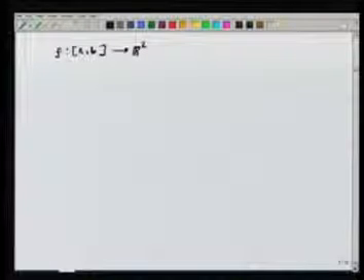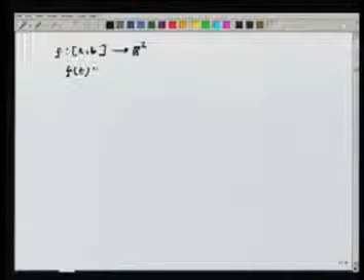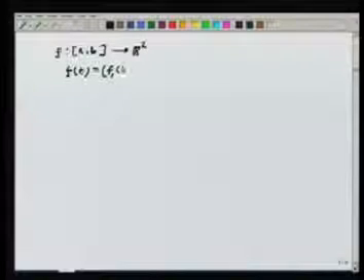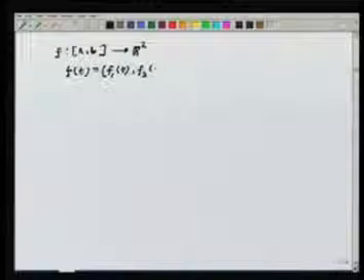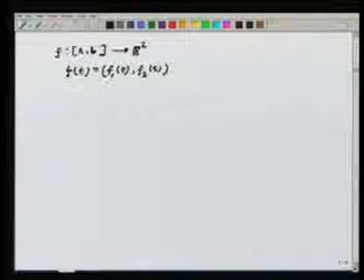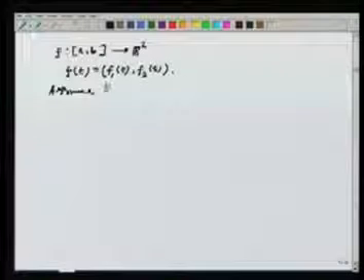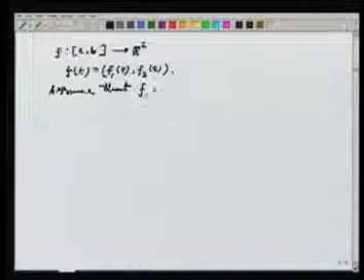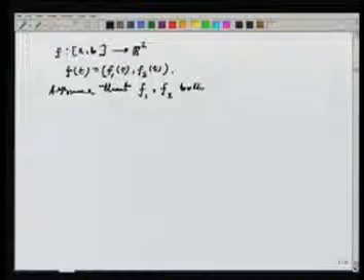Then f of t can be written as f1 t, f2 t, that is the x component and the y component. Now assume that f1, f2 both are continuous functions.